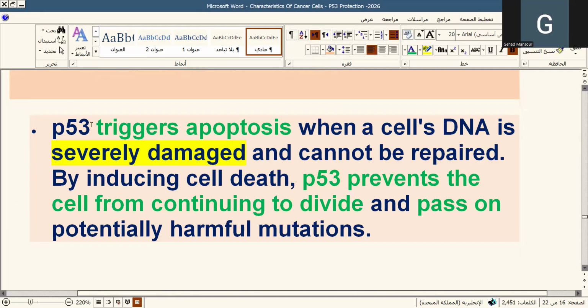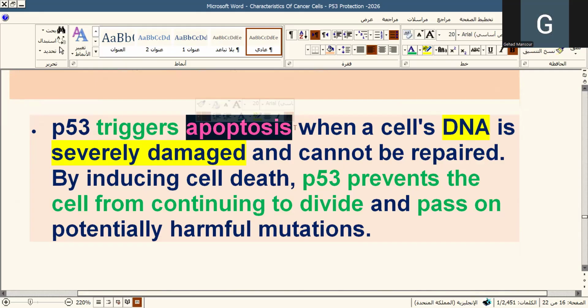So we are talking about a cell that has DNA damage, but whose DNA damage does not affect the P53. So in such a case, the P53 is still functioning. It can either cause repair of DNA if possible, and if impossible, it will trigger apoptosis and it will induce cell death.